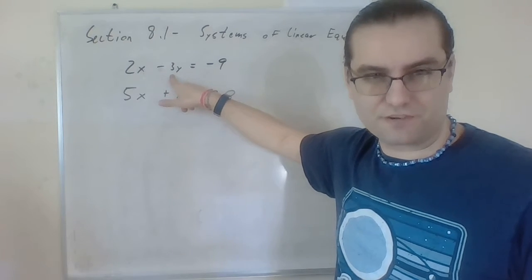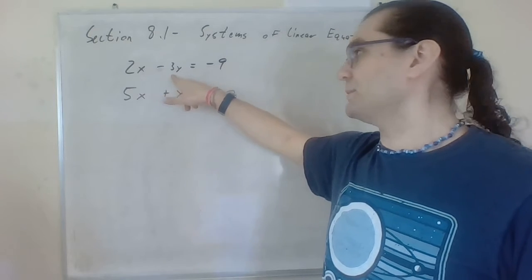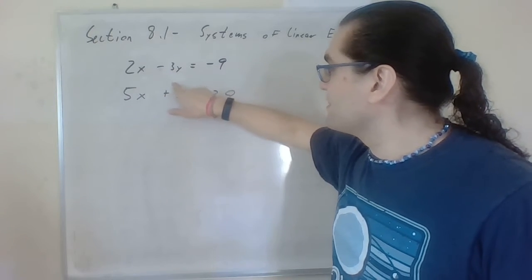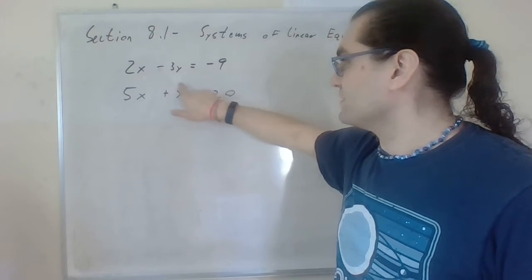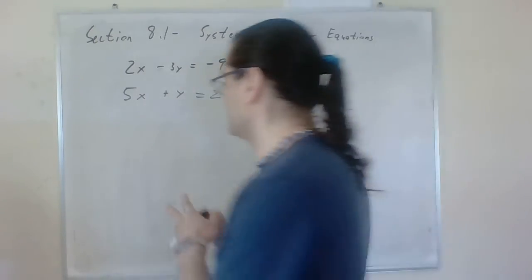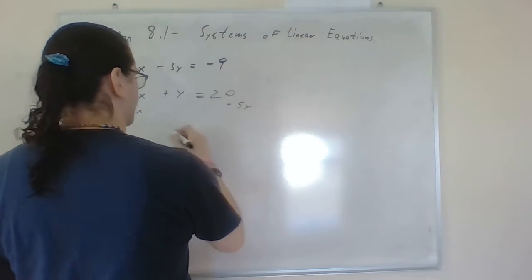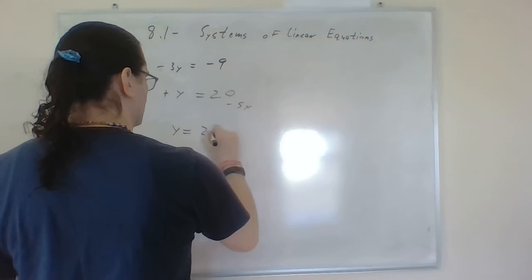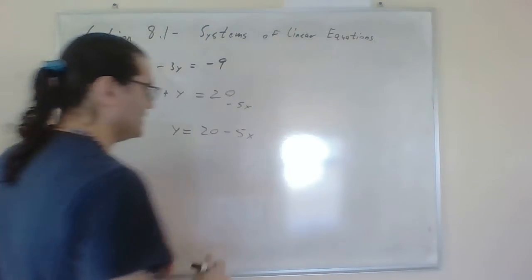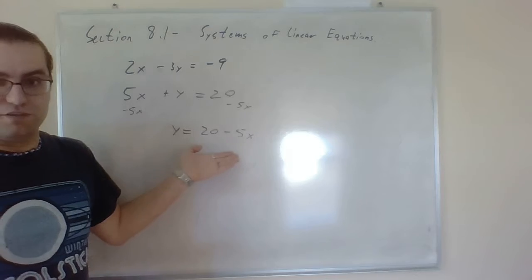There were fractions everywhere. That doesn't count as easy to isolate. If I isolate on this variable though, this second y, there won't be any fractions. In fact, I can do that just by subtracting 5x from both sides here. Minus 5x minus 5x. Now I have y equals 20 minus 5x. This only took one step to isolate. It's pretty effortless to do that.